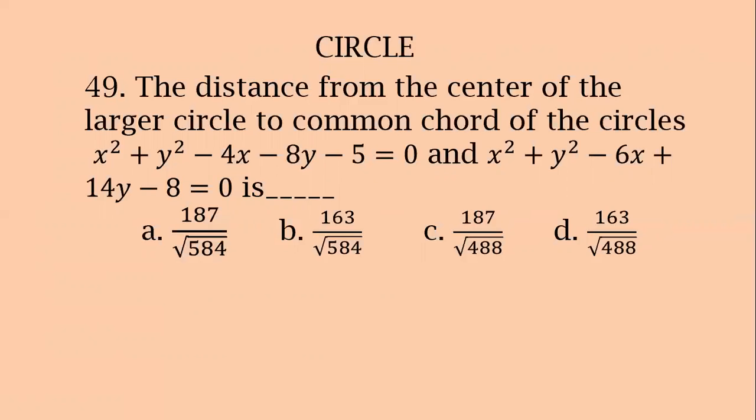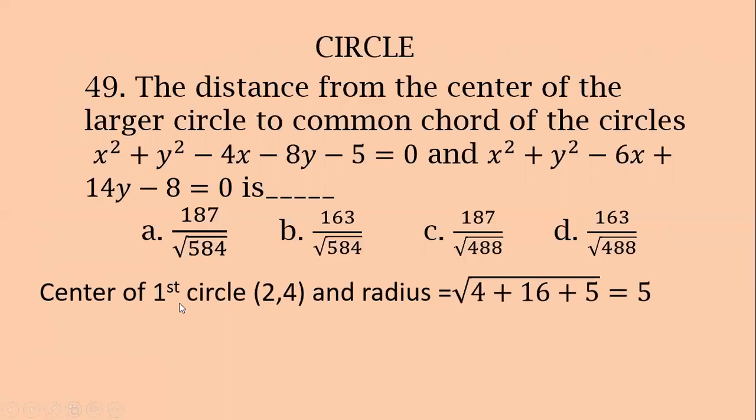So how we can find out center of larger circle? So where the radius is more, that circle is larger, and common chord, subtracting two equations of circles, we get common chord. So first, larger circle. Center of first circle 2, 4 and radius 5.